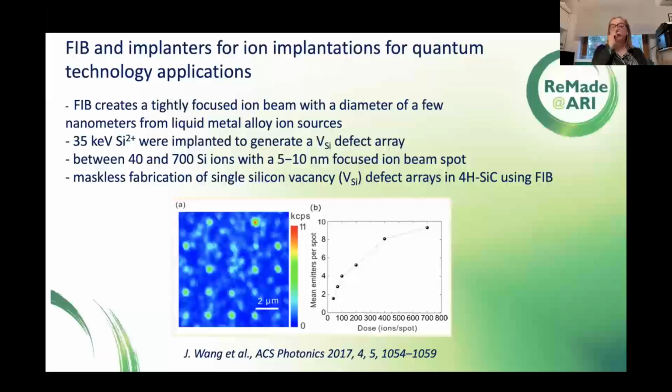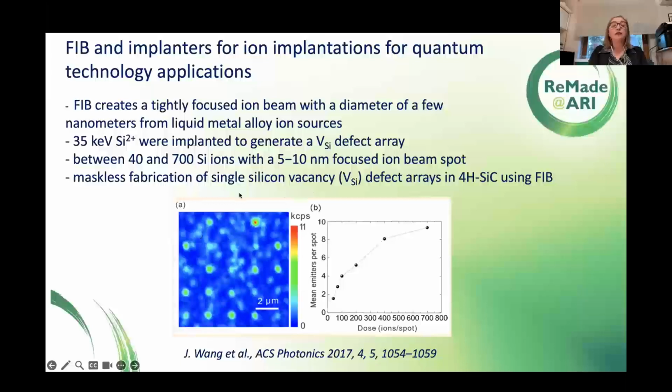Also, it's important to mention something about focused ion beams, which can also be used to do some defect engineering. Focused ion beams also have a diameter in the range of few nanometers. Let's say here you can see one example I found in the literature that is implantation of 35 keV silicon into silicon carbide. And that is maskless.